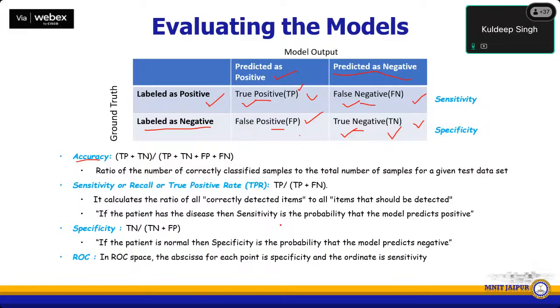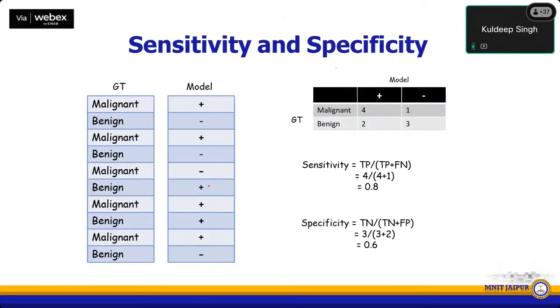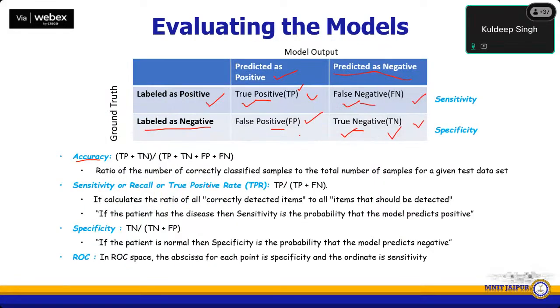So it's positive, and the model is also predicting it positive. And then we have the ROC curve, in which we plot a graph between the true positive rate and specificity.